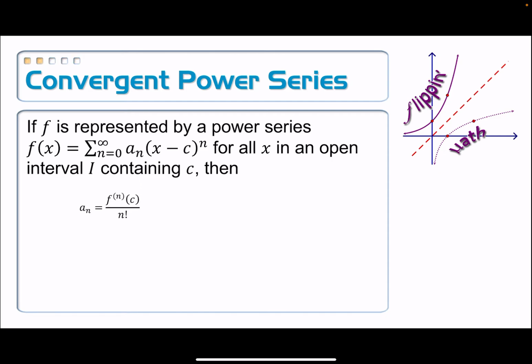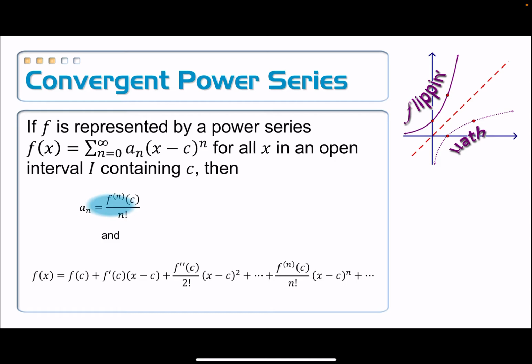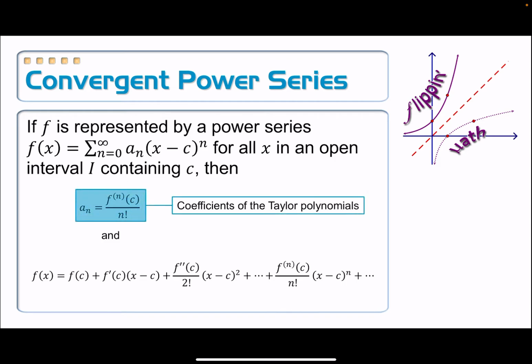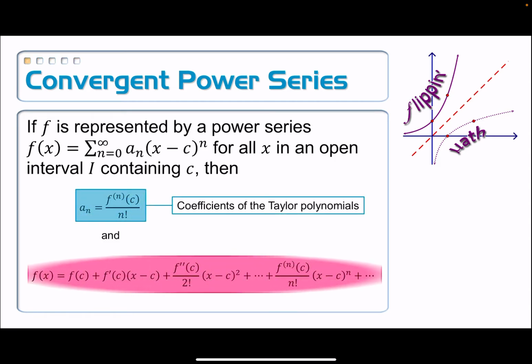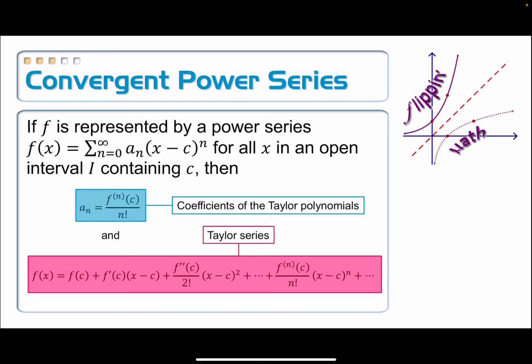They are the nth derivative evaluated at your center point divided by n factorial. That looks real familiar. And doesn't your power series look just like the Taylor polynomial, except you just keep going? Because it is. These are the Taylor coefficients, and that is your Taylor series.